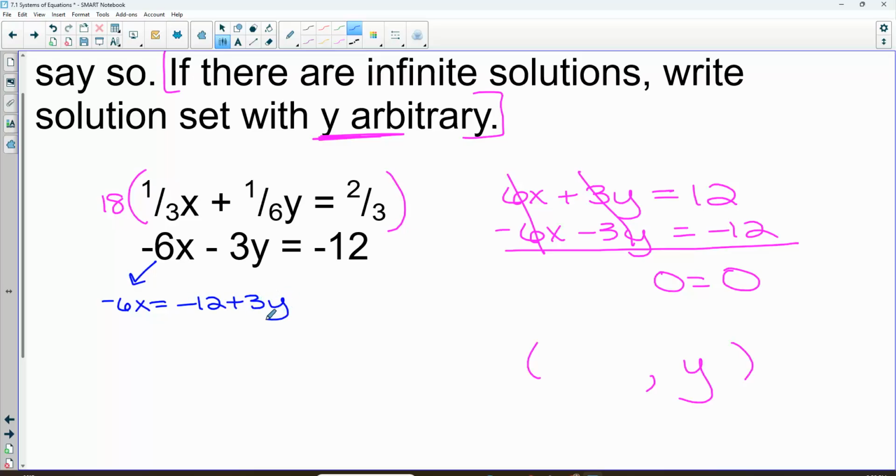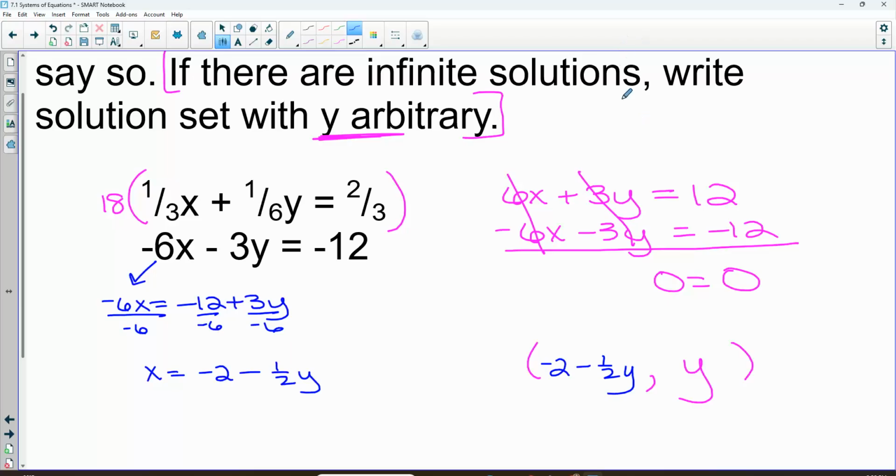Add over my 3y. Divide everything by negative 6. So x is negative 2 minus 1/2 y. That's what I'm going to put here. So it describes my ordered pairs.